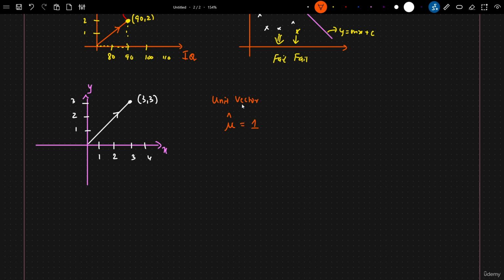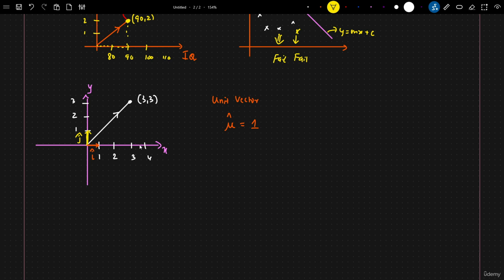That basically means if I consider this my unit vector towards the x-axis, it is represented by i hat, and this is my j vector, the unit vector towards the y-axis.